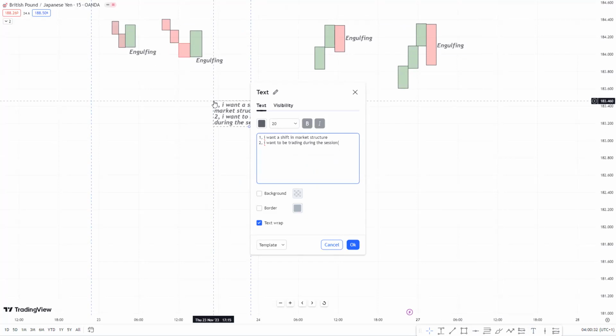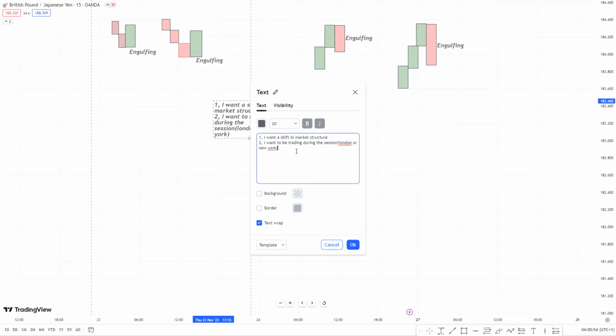It could be the London or New York. You can also trade this during the Asian session, but the downside of this is you might not get as many pips. That is the only downside, but it works fantastic.